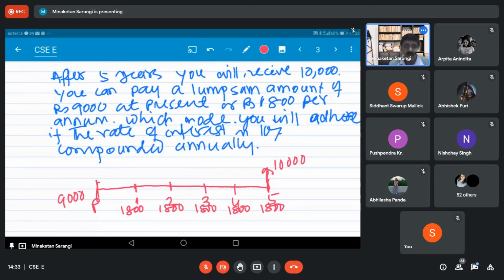So over 5 years we are also paying 9,000. Which mode will be best suited to you?